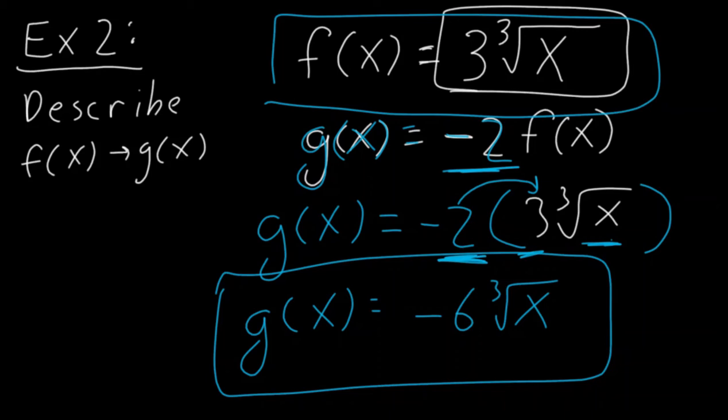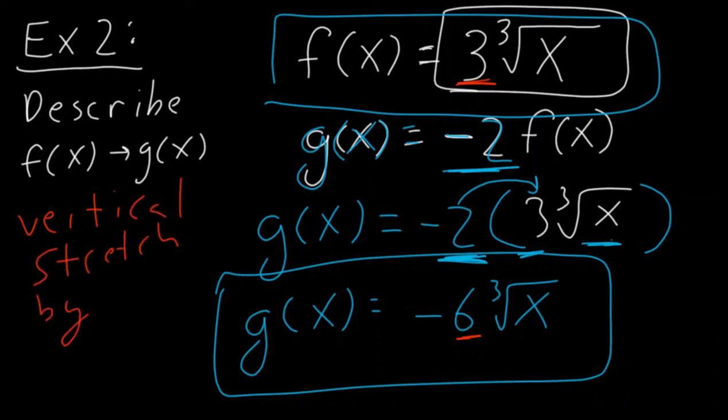And notice we actually have 2 interesting changes here. One, we went from 3 to 6. Ask yourself, was that an increase or a decrease? Since it obviously increased from 3 to 6, we had a vertical stretch by, and ask yourself, well, what is 6 divided by 3? Well, that's 2.